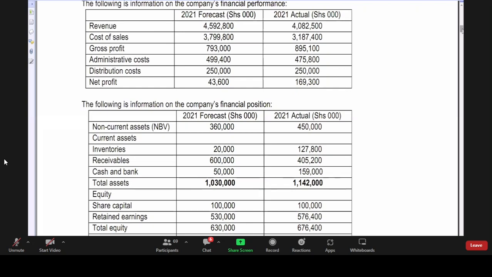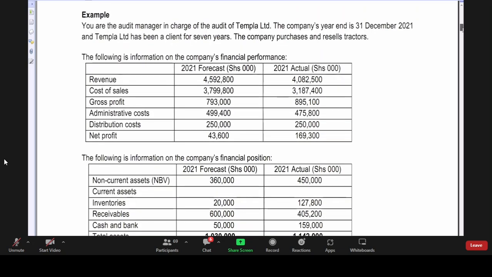And there is where you talked of a collection, that there must have been a collection in receivables. Yes. You see now here, the receivables were forecasted at 600, but then they happen to be 405. So here you do what you call receivable days.